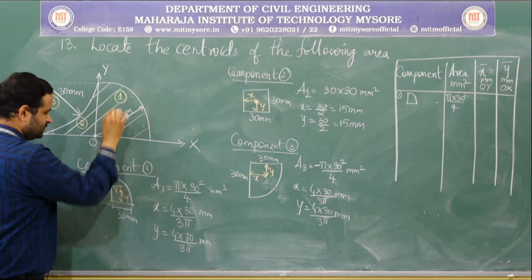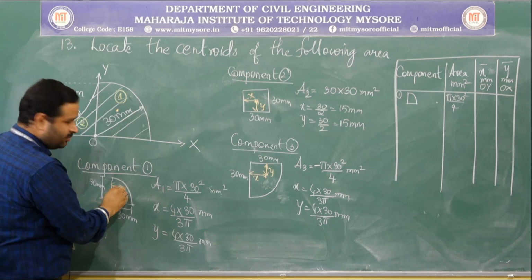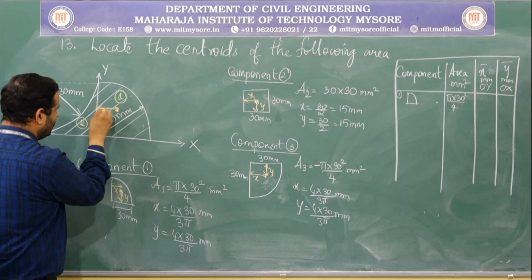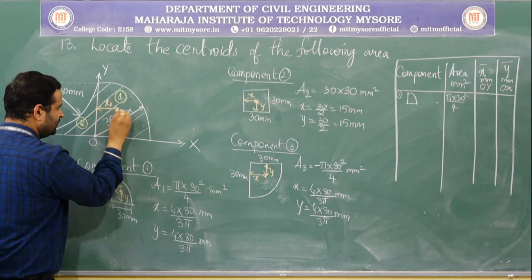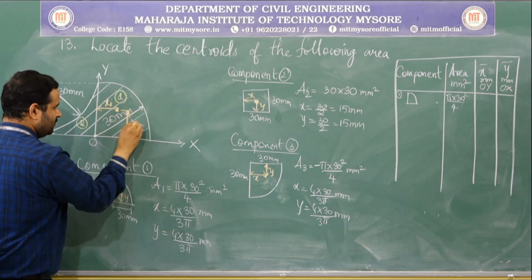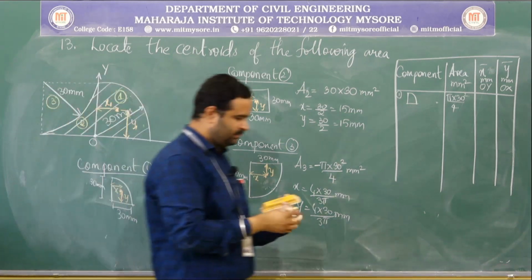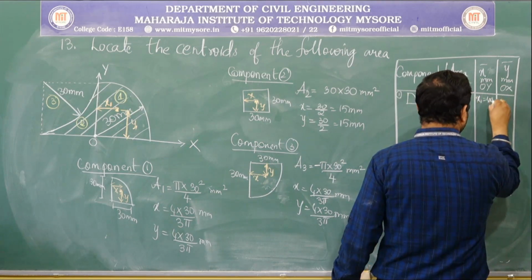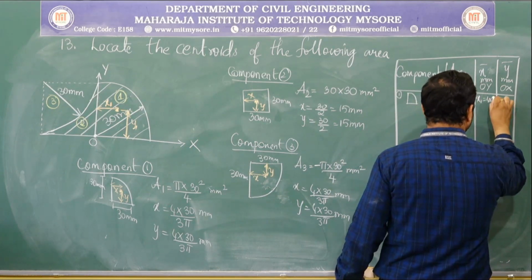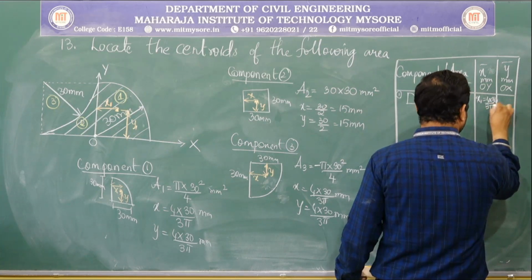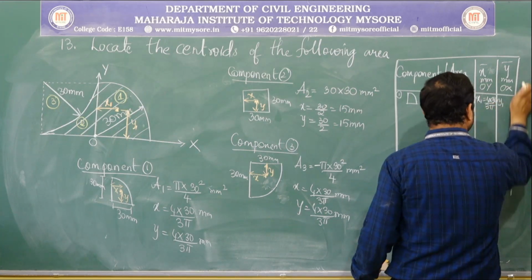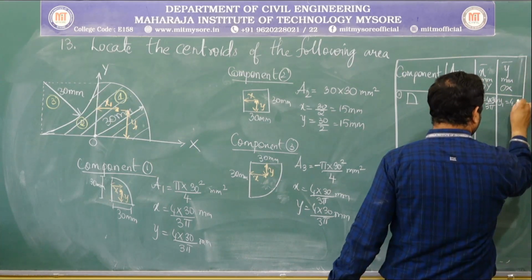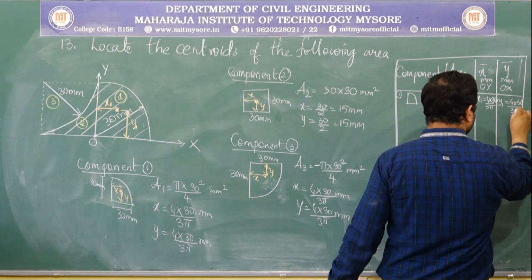This point was determined based on this step, and try to measure it with respect to the OY axis, which is x1. Similarly, measure its y1, which is nothing but 4r by 3 pi and 4r by 3 pi. So, x1 is equal to 4 into 30 by 3 pi, and also y1 is equal to 4 into 30 by 3 pi.